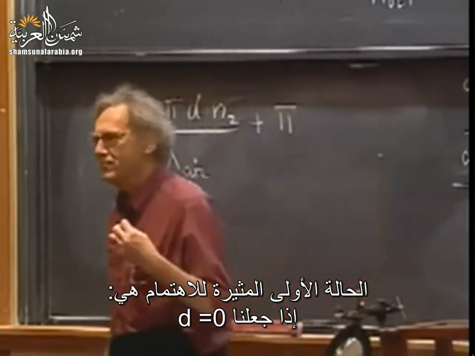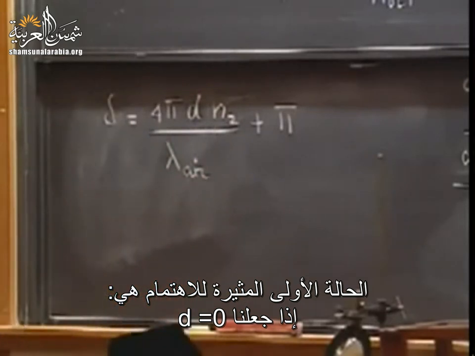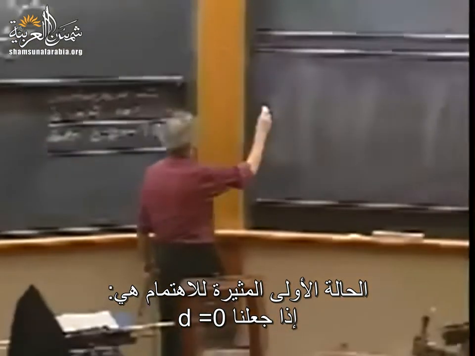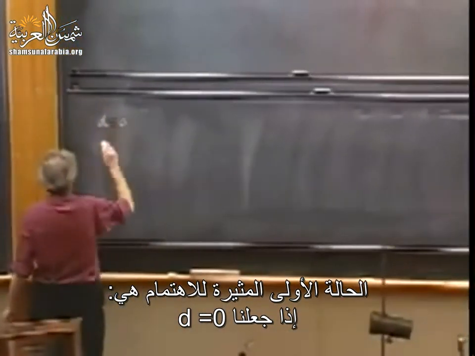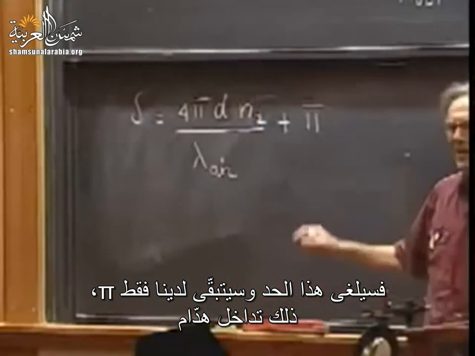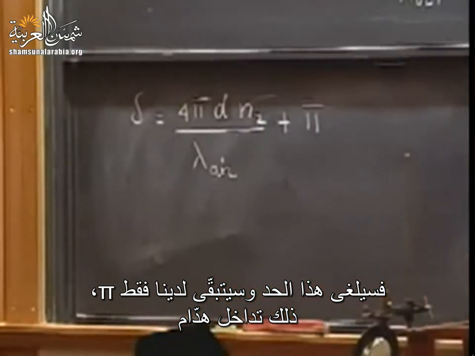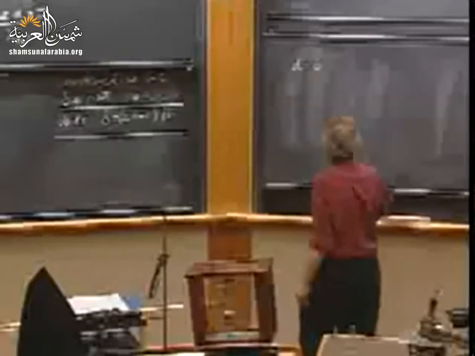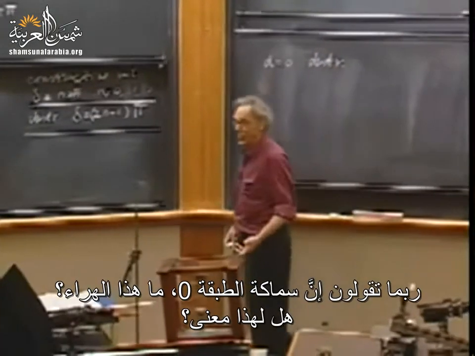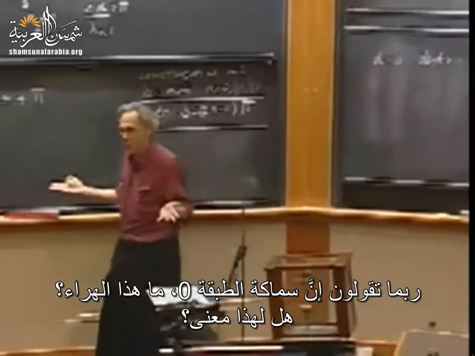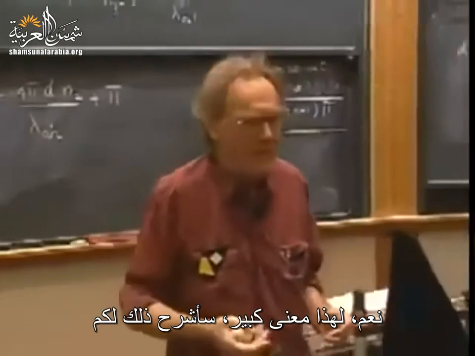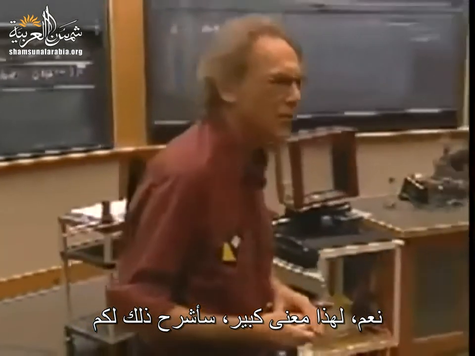The first very interesting case is that if you make D equals 0, you kill this whole term and you only have pi, so that's destructive interference. So there's no question, destructive. Now you may say, yeah, zero film, what kind of nonsense is that? Is that meaningful? Yes, it is very meaningful. I will demonstrate it to you.